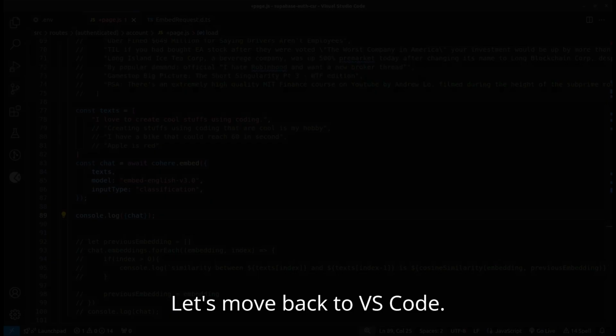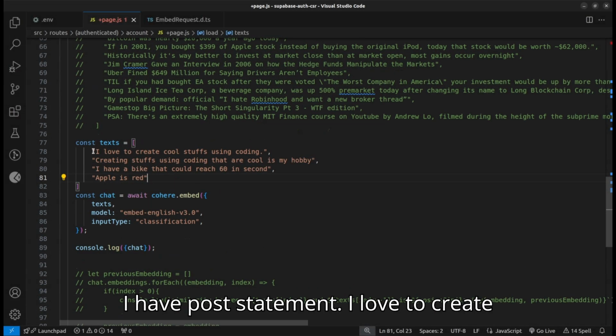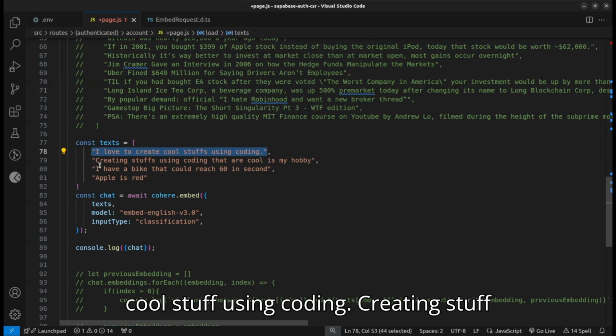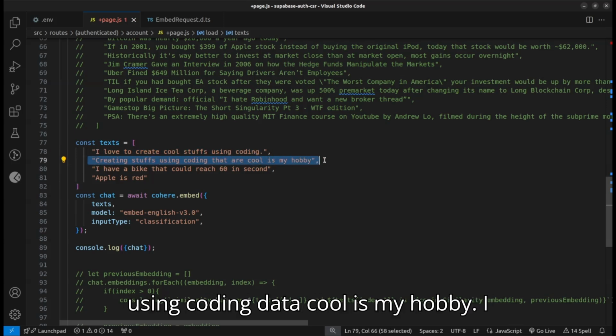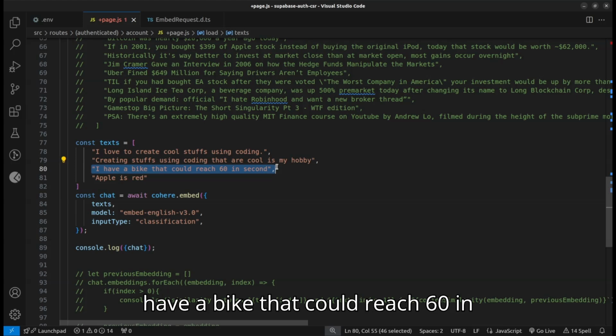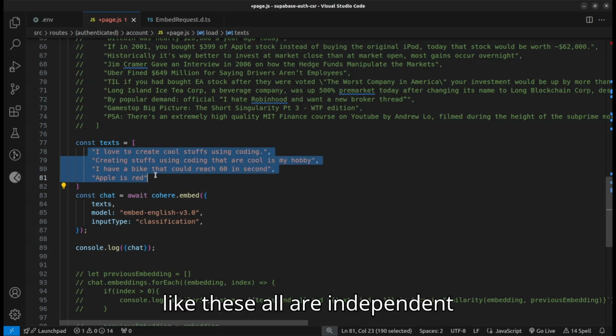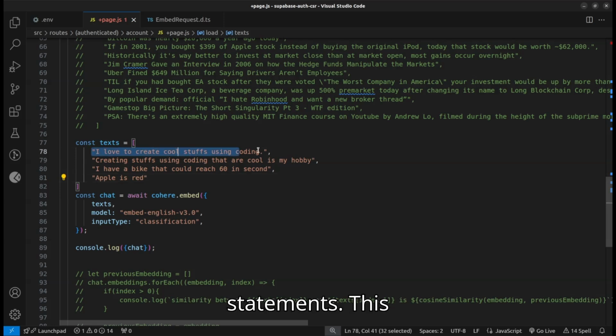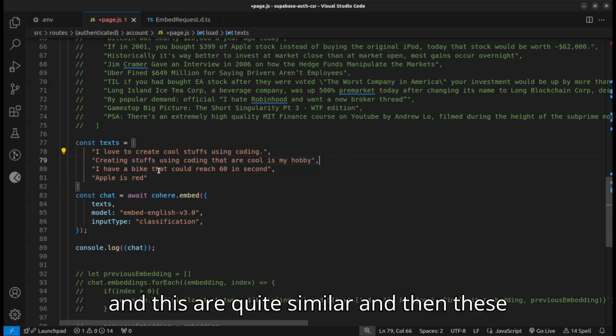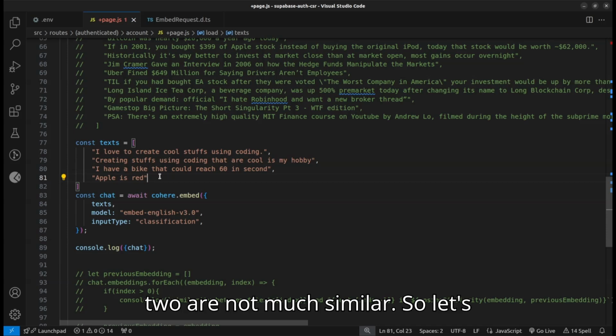Let's move back to VS Code. So I have 4 statements. I love to create cool stuff using coding. Creating stuff using coding that is cool is my hobby. I have a bike that could reach 16 seconds. Apple is red. You can see these are all independent statements. This and this are quite similar, and then these two are not much similar.